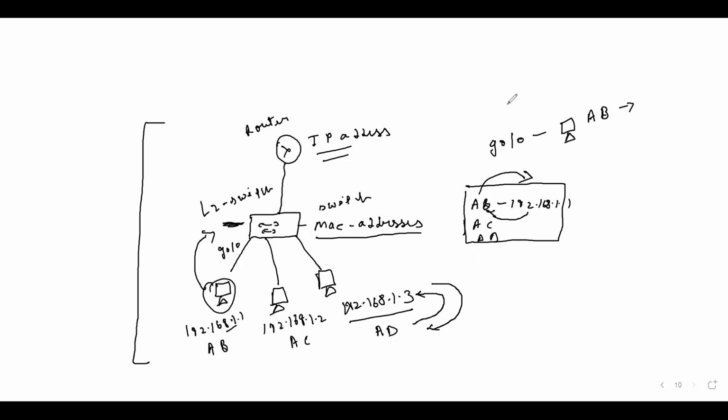Because if I talk about it a little deeper, in layer 2 we have a frame. The frame has only a source MAC address and a destination MAC address.